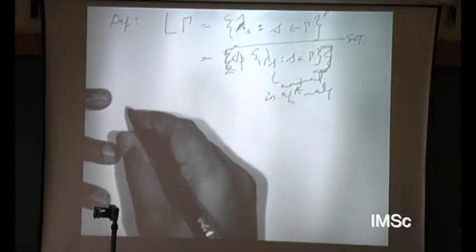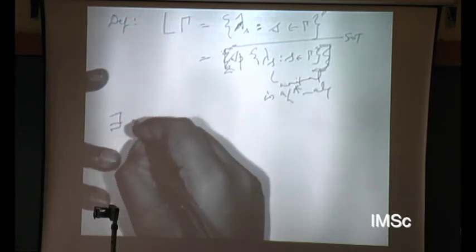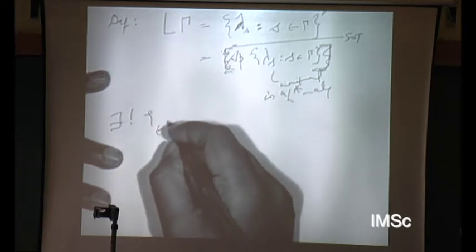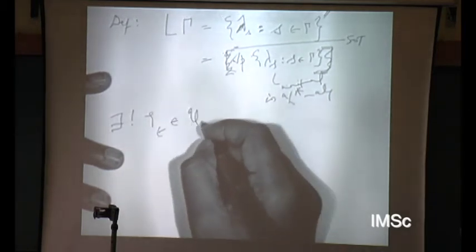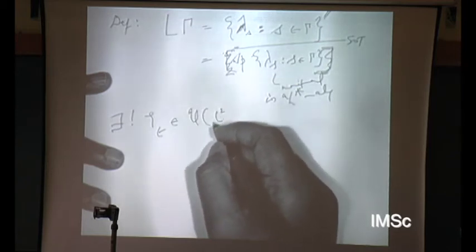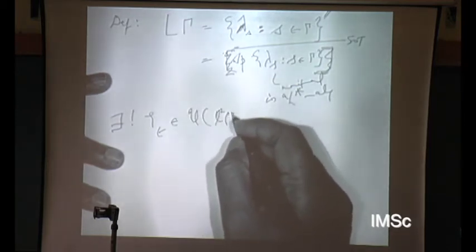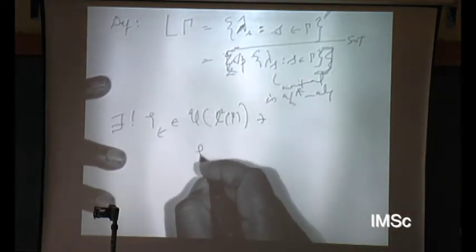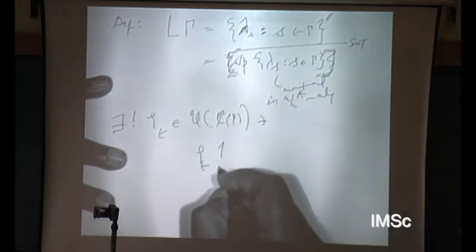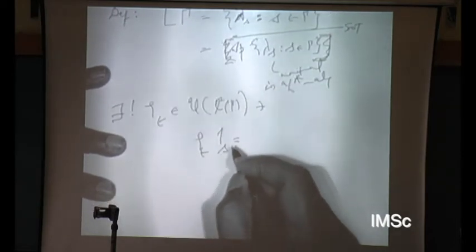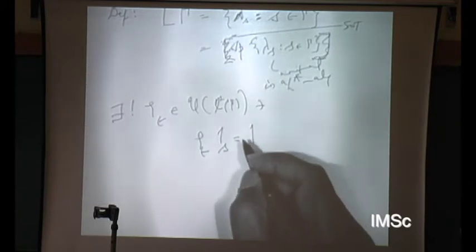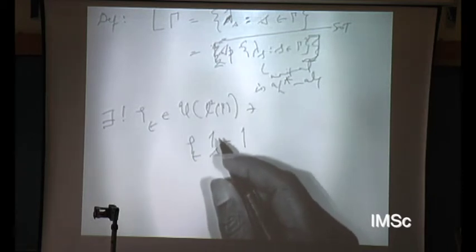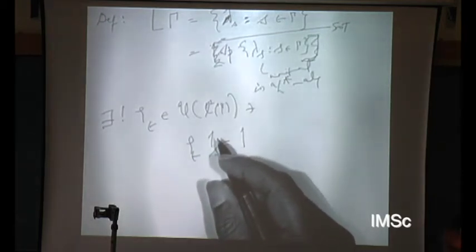So, there exists a unique unitary operator rho t in U(l2 gamma) such that rho t of 1s equals 1 of... remember, I want it to be a group, I want t going to rho t to be a group homomorphism.